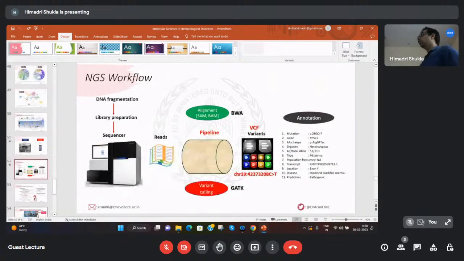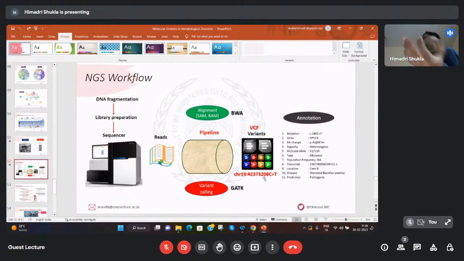I'm not going to talk about NGS in depth, just to give you some idea of what happens. Like any PCR, you start with DNA. Then, depending on the panel you are trying to test, the next step is to prepare that panel, what we call library preparation, and then you take it to the sequencer. Then a whole lot of computational bioinformatics goes into it. I'm not going to tell you all that. At the end, you get an output which tells you basically everything you need to know.